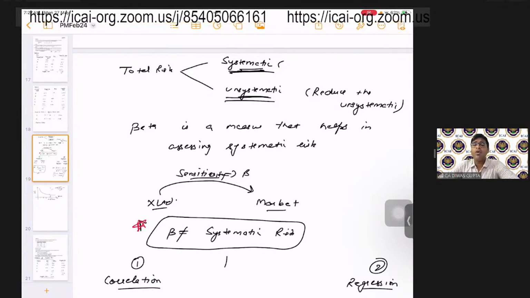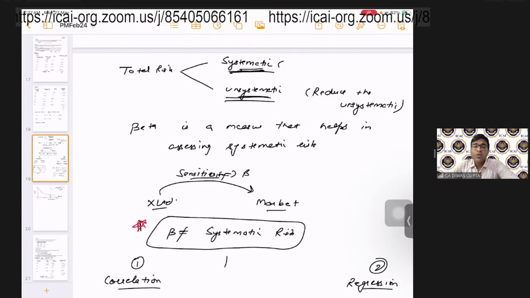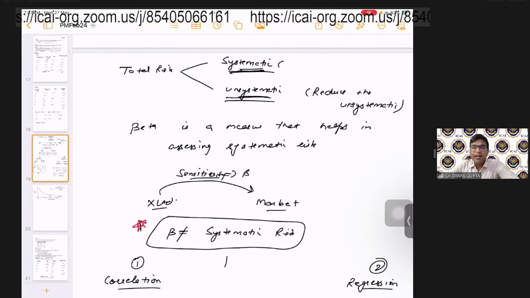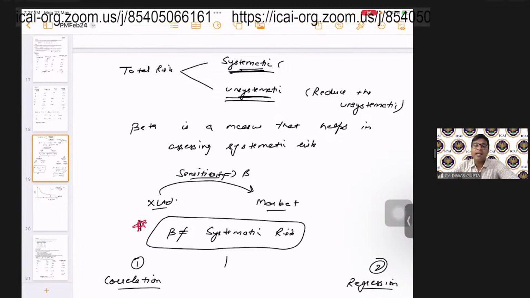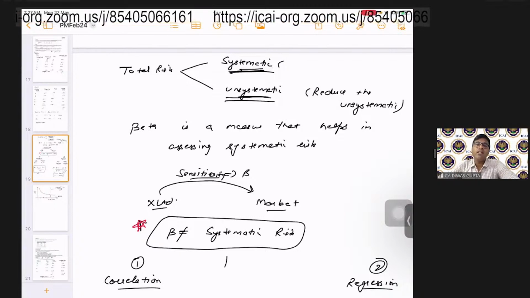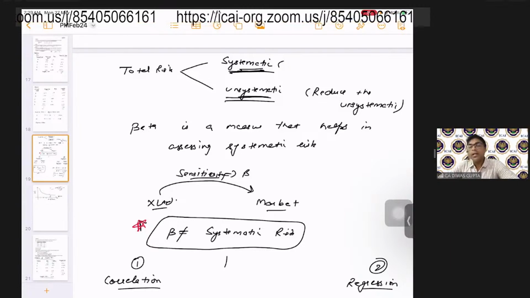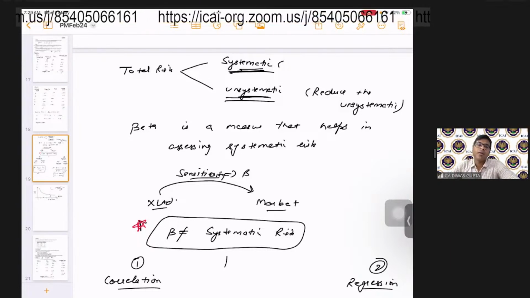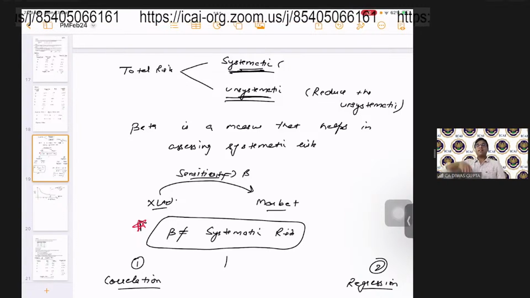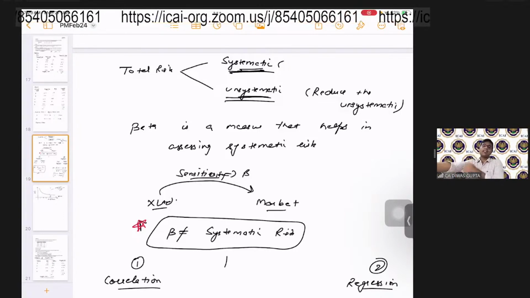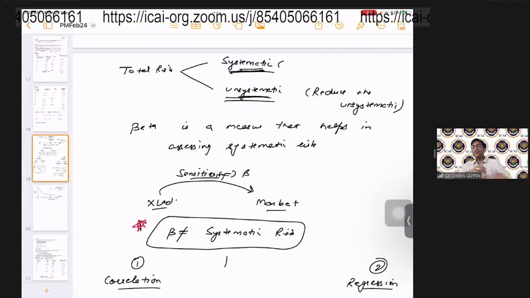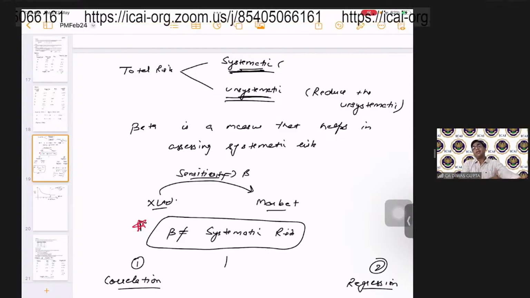Let's take an example of X Limited. Beta is the sensitivity of the returns of X Limited in relation to that of the market. If the market is moving in any direction, how will X Limited move in response to that? That is called beta.